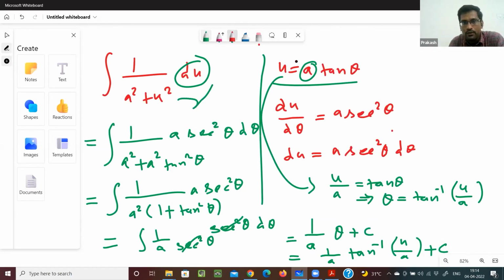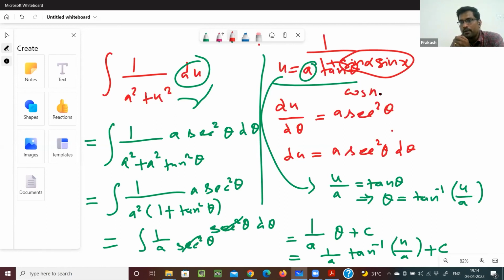Whiteboard. Yeah. So here you need to use 1 plus sin alpha sin x. For this sin alpha sin x, we have an identity: cos of a plus b minus cos of a minus b divided by 2, something like that will come.